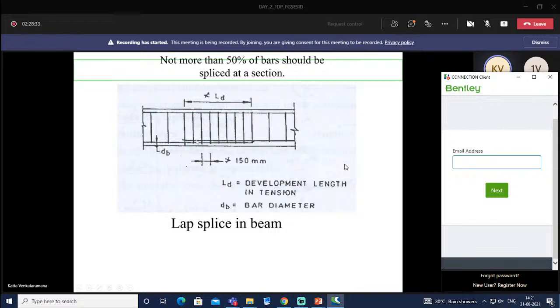And when there is splicing, we provide stirrups at closer intervals, with spacing not more than 150 mm. And this length not less than the development length in tension.